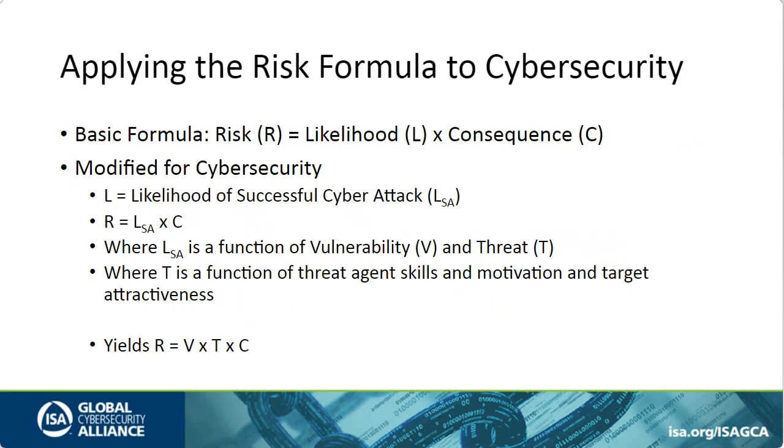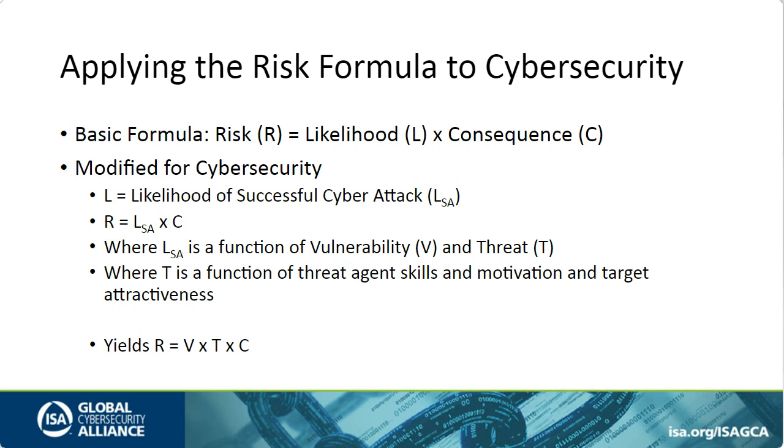Now, both of those definitions really started with the basic formula that risk equals likelihood times consequence. You can modify that for cybersecurity by taking the likelihood as being the likelihood of a successful cyber attack, and let's call that L sub SA.